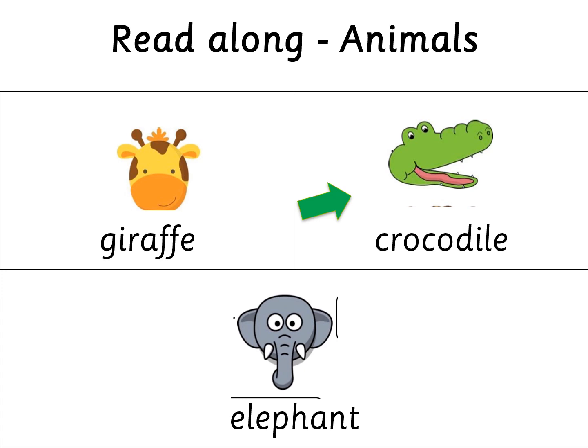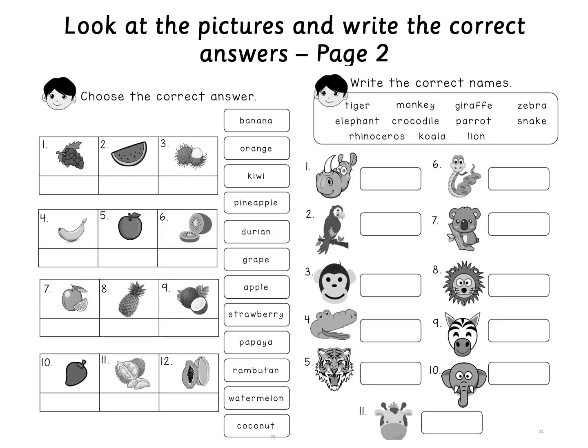And the last animal is elephant. Now, your task is to look at the pictures and write the correct answers on page 2. For example, the first fruit is grape. And the first animal is rhinoceros.